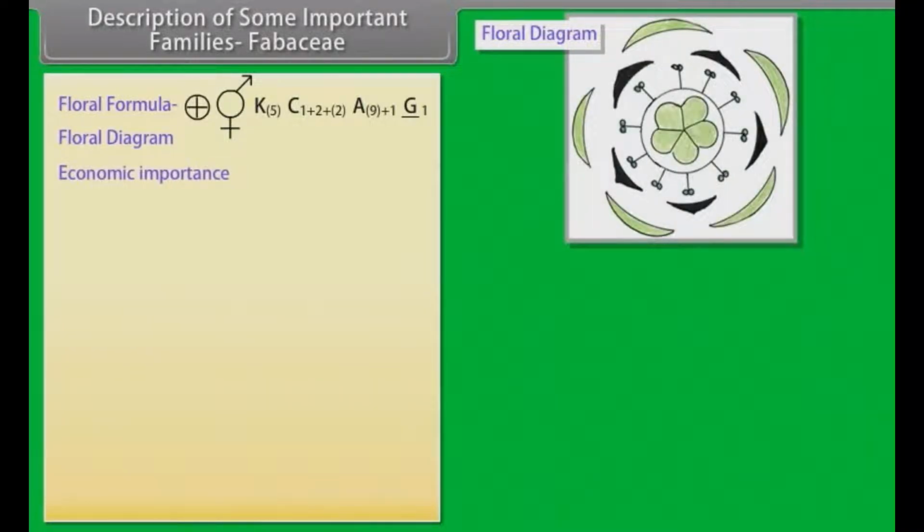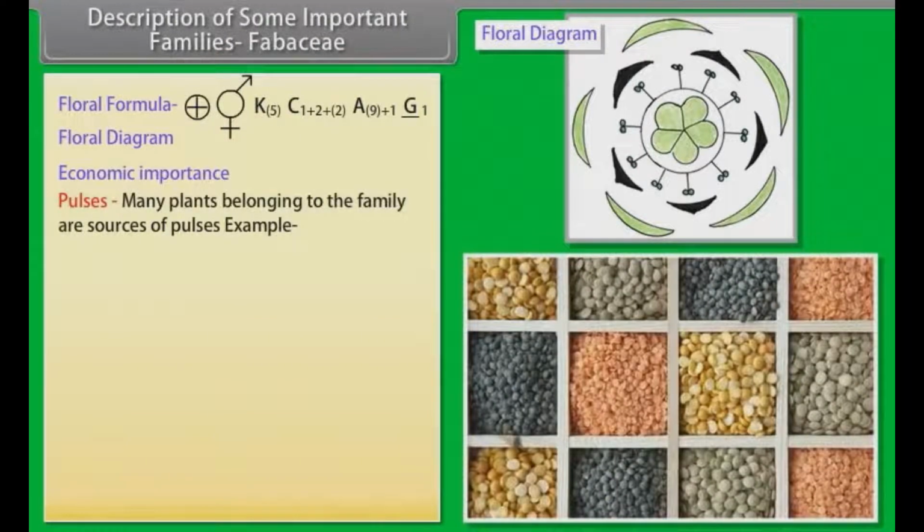Economic importance: pulses. Many plants belonging to the family are sources of pulses.